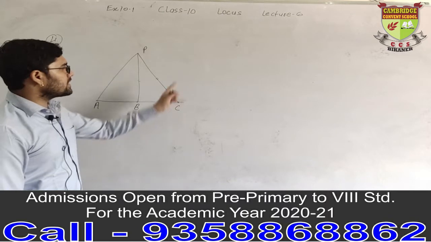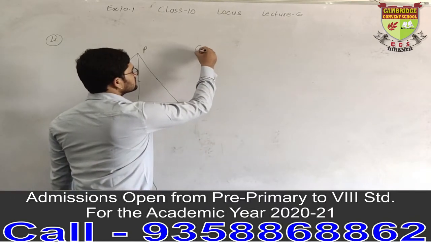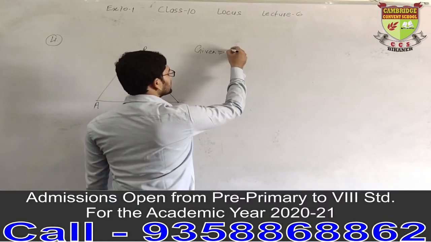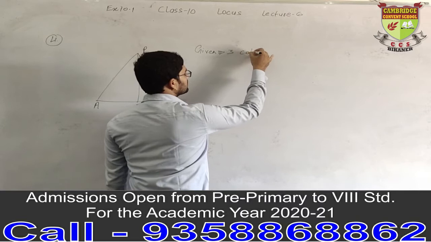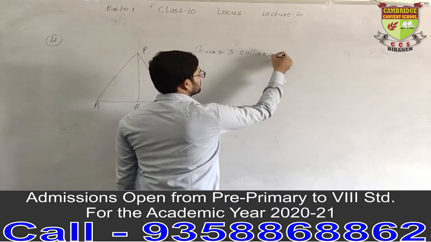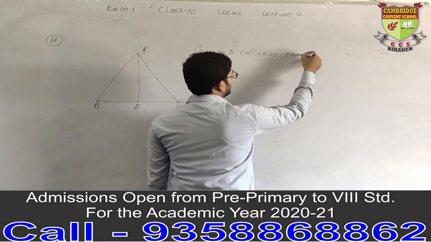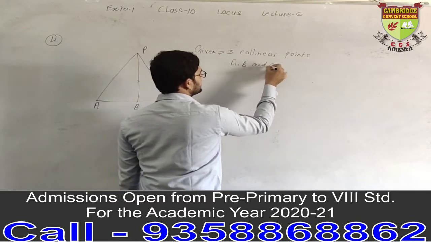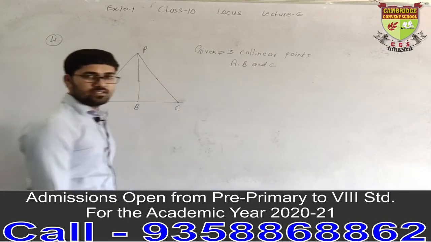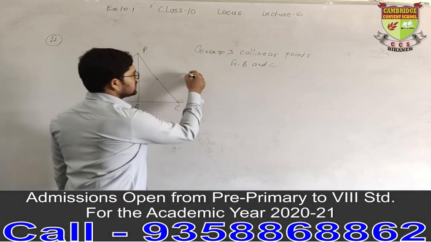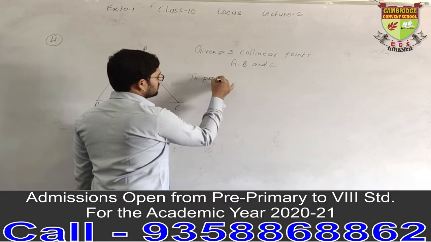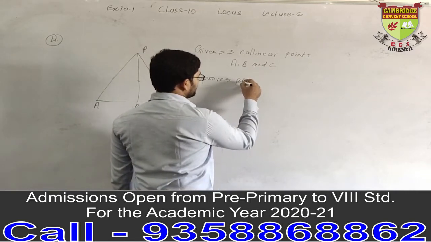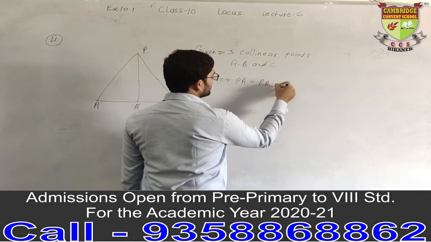First we will write what is given. Given are 3 collinear points, named A, B and C. And we have to prove PA equal PB equal PC.